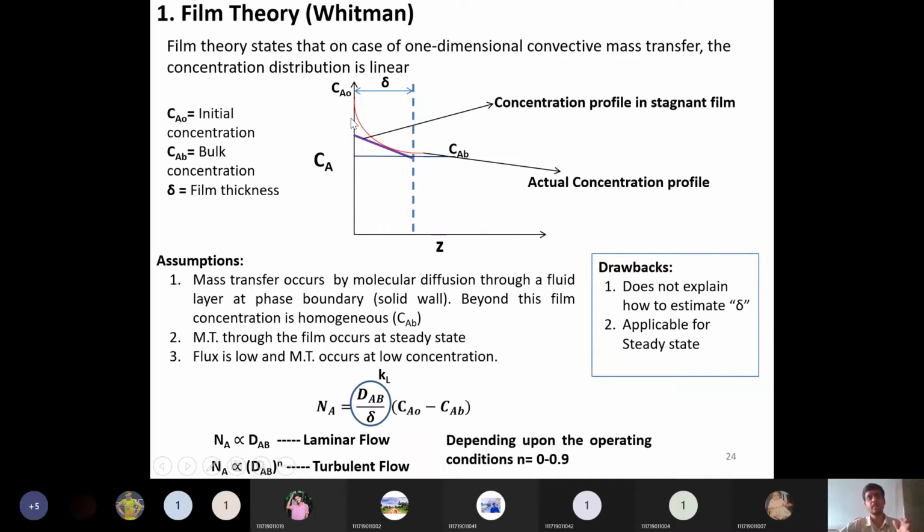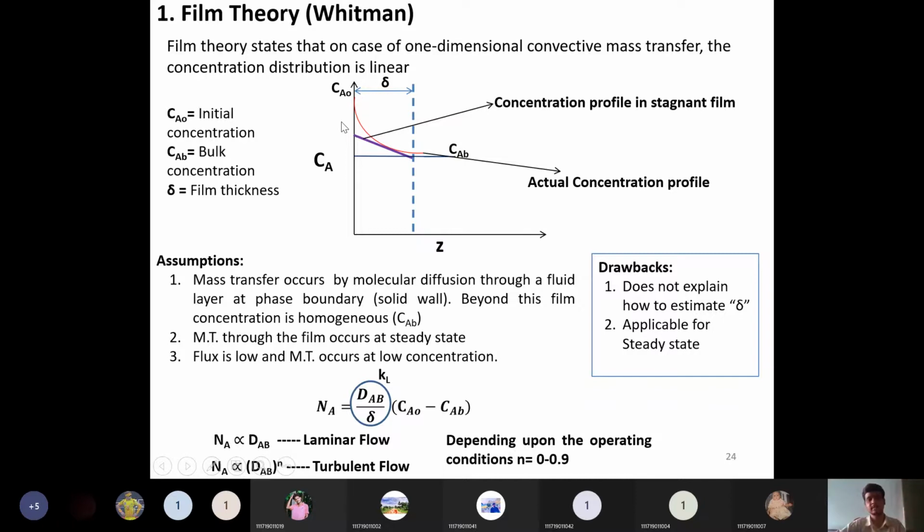For example, if you assume there is a gas phase and a liquid phase, when the solute transfers from the gas phase to the liquid phase, a thin liquid film will instantaneously form. The concentration will vary within this film only. After this film, there will be a uniform, stagnant, or bulk concentration, CAB.